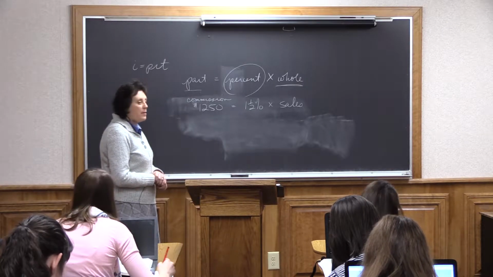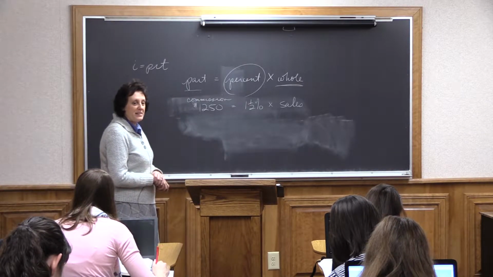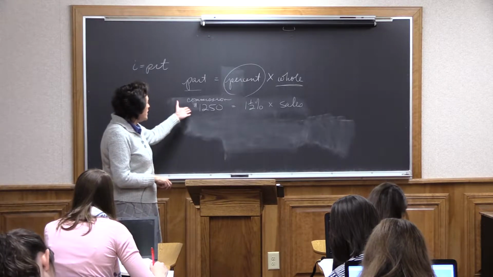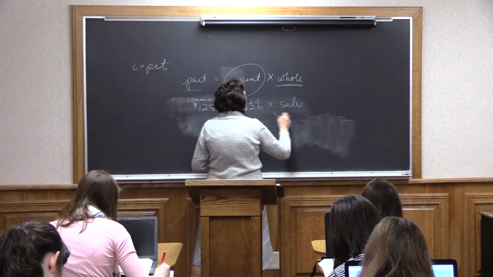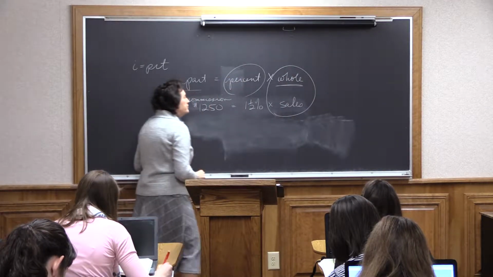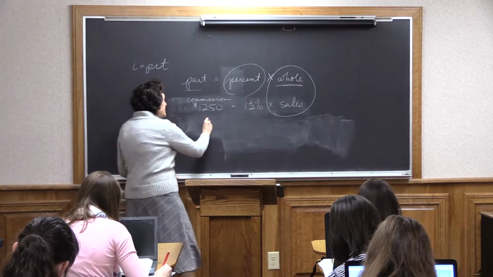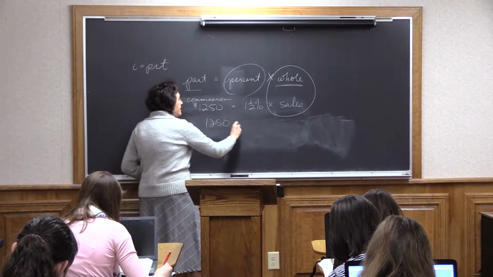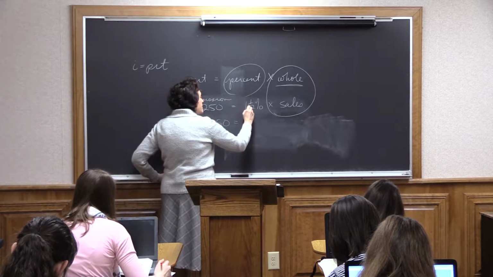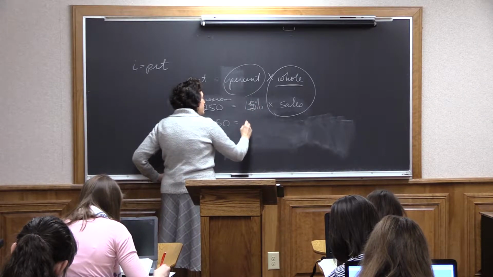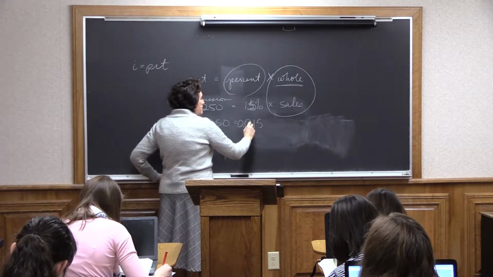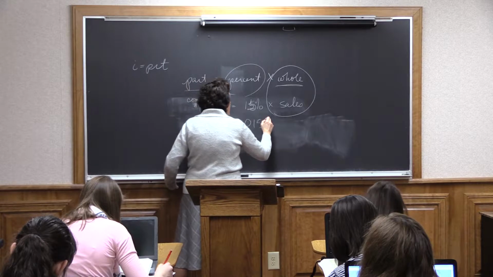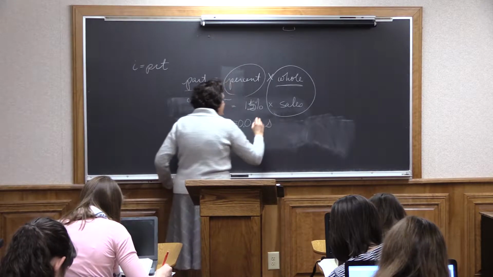All right, so how much did this particular salesman sell if he earned $1,250? This is an application of the total problem. And so the easiest way to do this is algebraically, as we've been saying. This is 1.5%, so it's going to be 0.015 times, we can use the letter S.